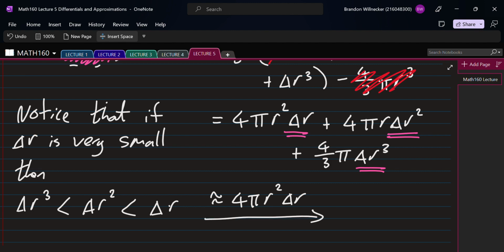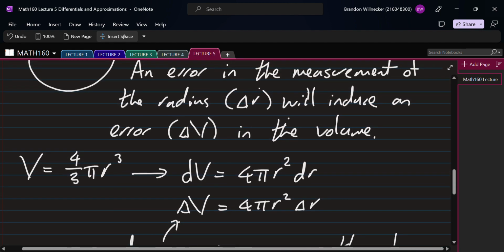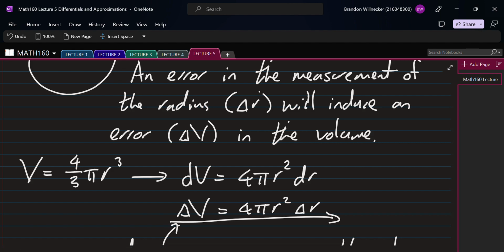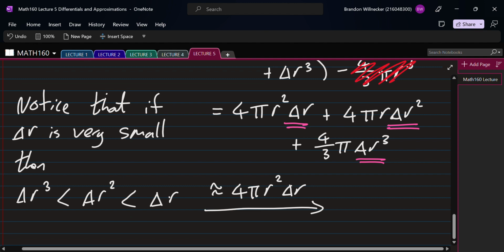Okay, so this is the approximation we get by neglecting those higher powers, and we see that this matches up exactly with what we got with the differential case. Here we just took the differential and got our approximation, and we see it agrees very well with the exact error.